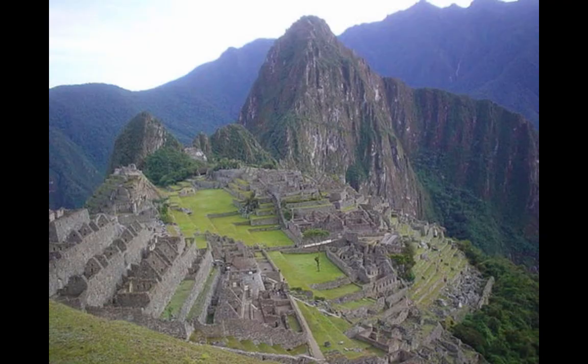All right, the last little bit I want to show you is Machu Picchu, since that's kind of like the crown jewel of the Inca Empire. Machu Picchu, which is found high up in the Andes Mountains, was not the capital. It actually wasn't even a major city. It was almost like a vacation home and a ceremonial religious space. The most sacred space in Machu Picchu is actually not in Machu Picchu itself.